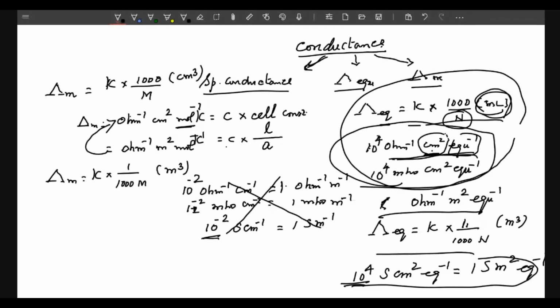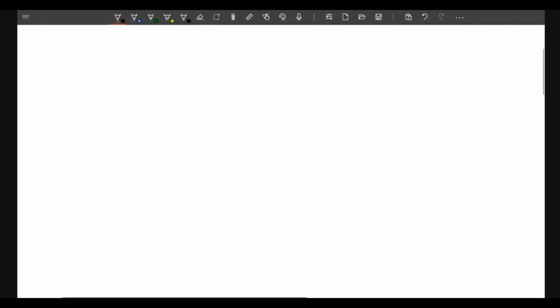Now we are going to see various types of problems in these three types of formulae. Then we will go for Kohlrausch's law and its application, then ionic mobility. Okay, with this short introduction, let us start our session.